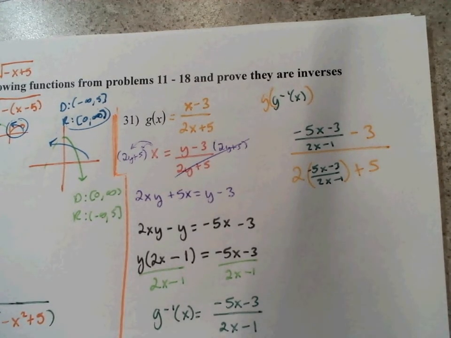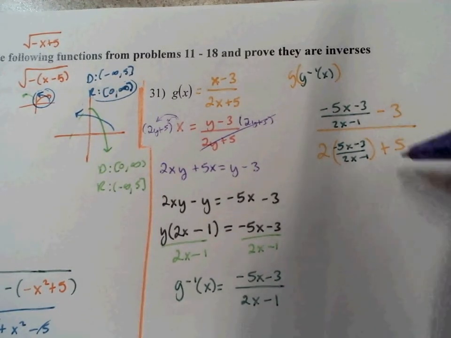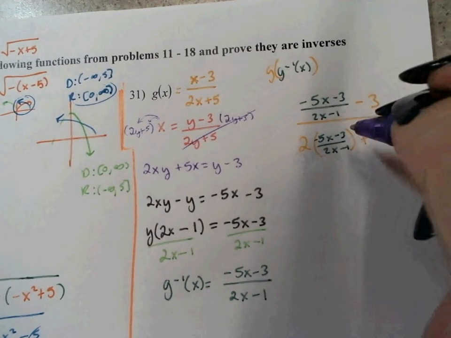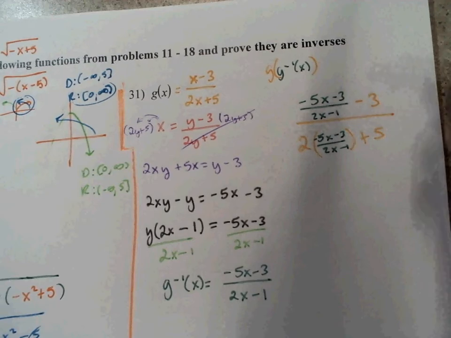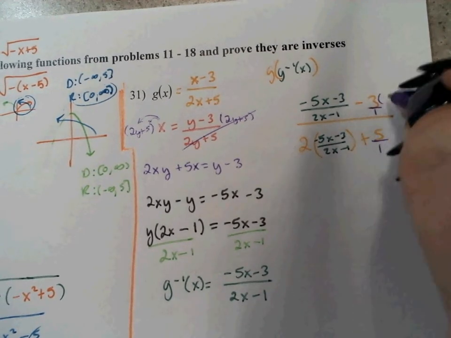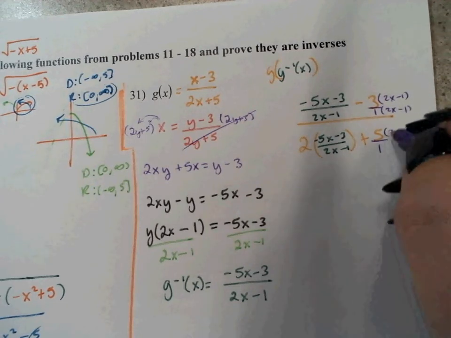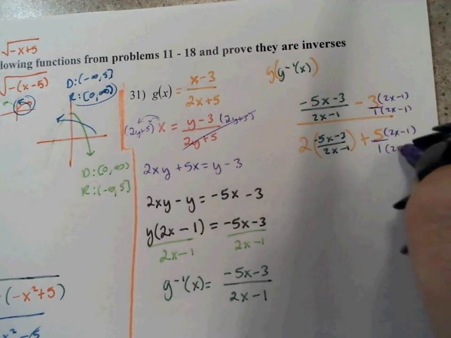Now remember, those of you that are comfortable with that, you can just multiply the whole numerator and the whole denominator by the denominator that we have, 2x minus 1. But otherwise, you can find the common denominator in the numerator and denominator.